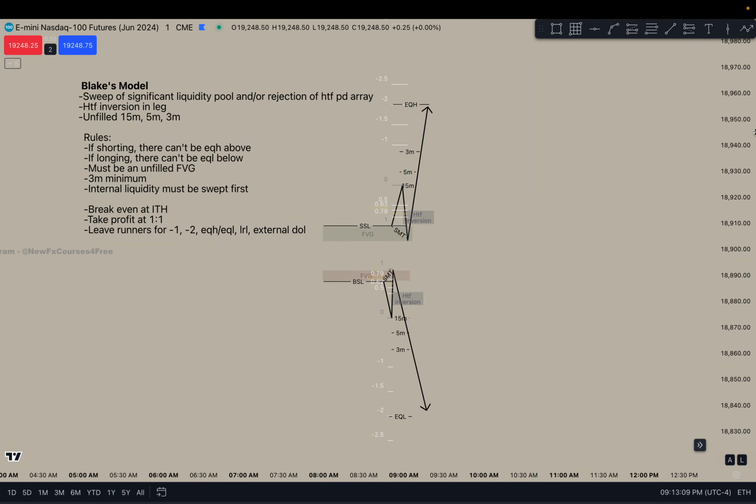But you don't miss the main move if you're drawing liquidities right. That was just three horrible examples today.